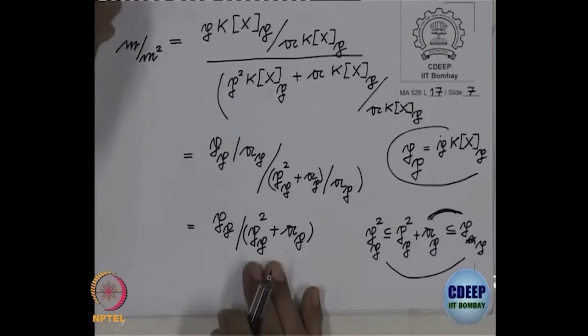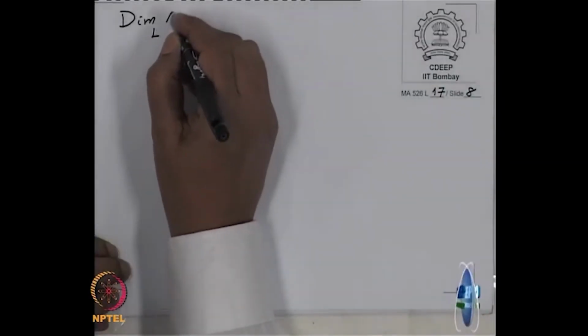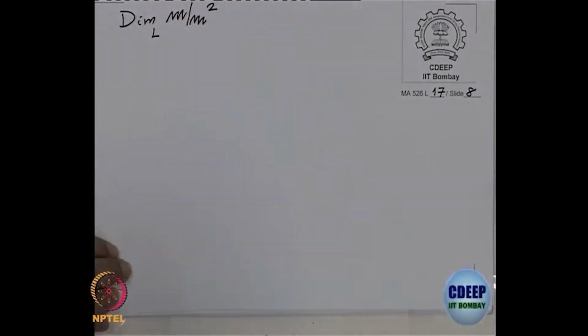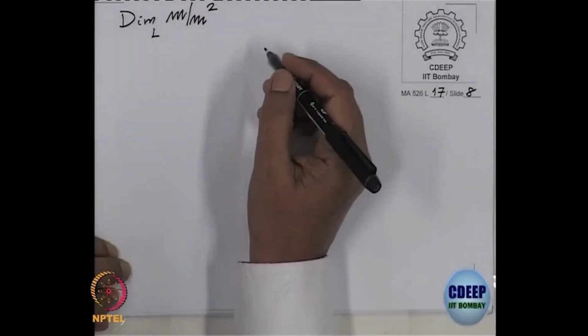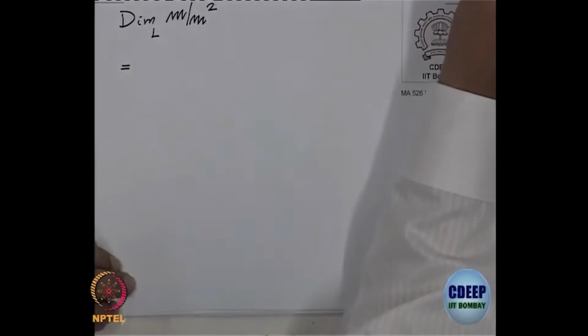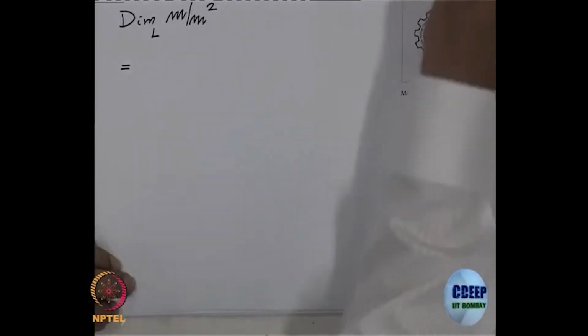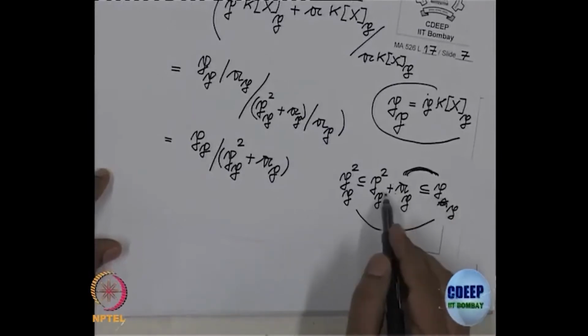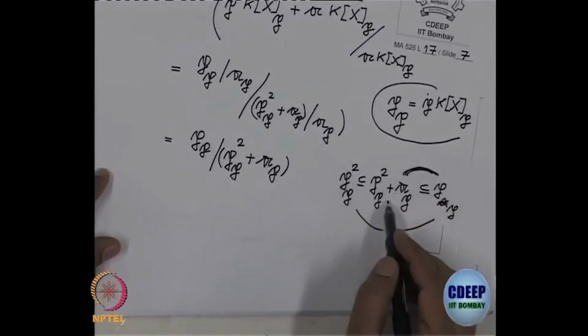So, therefore, I will write the dimension as an L vector space of m by m square, this is equal to this, this is what we want. So, the dimension will be this minus this.